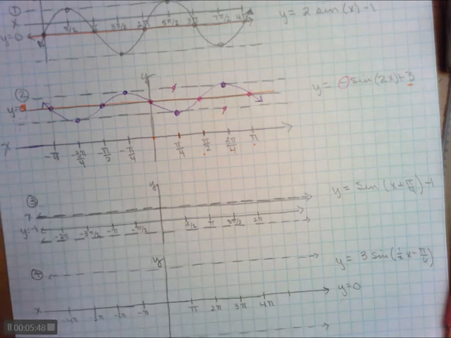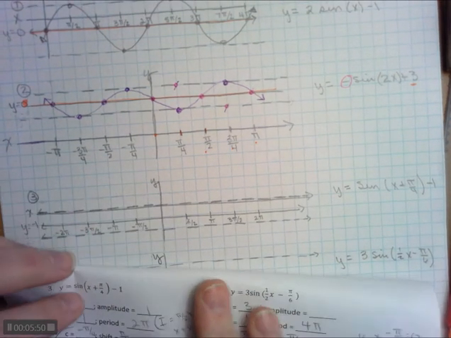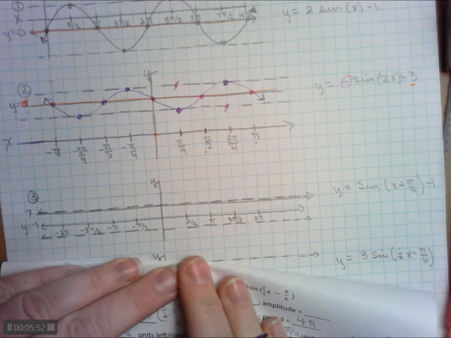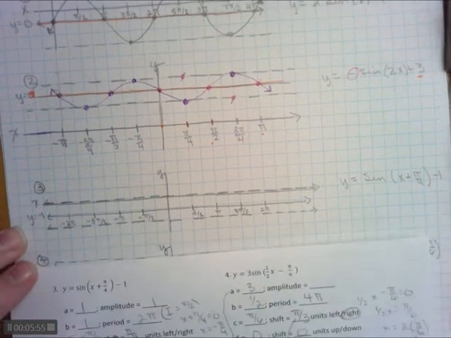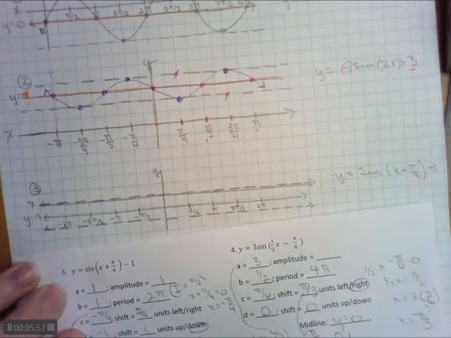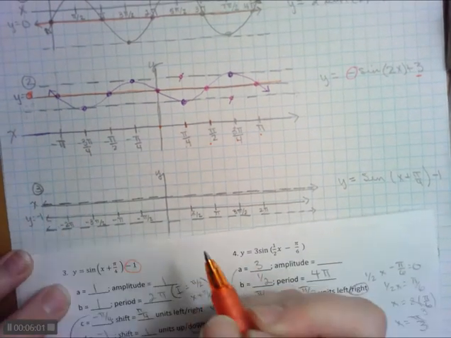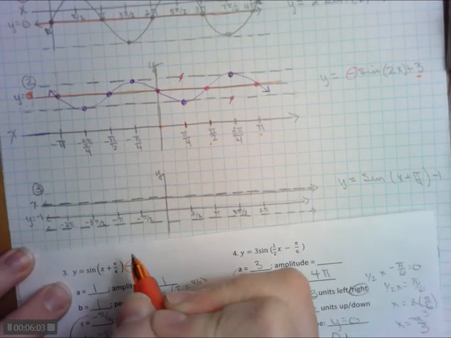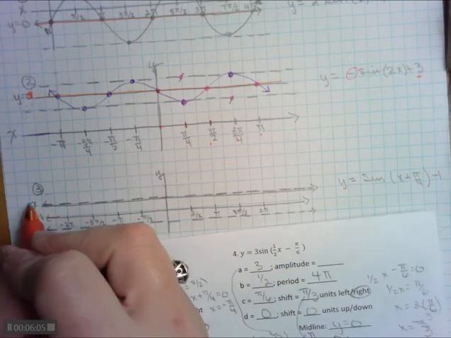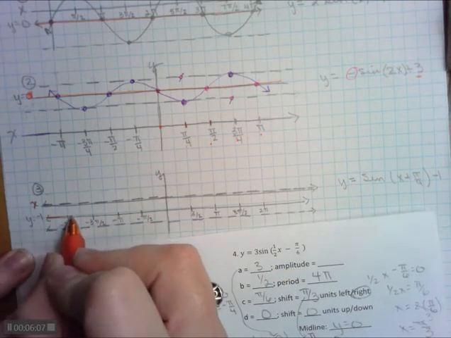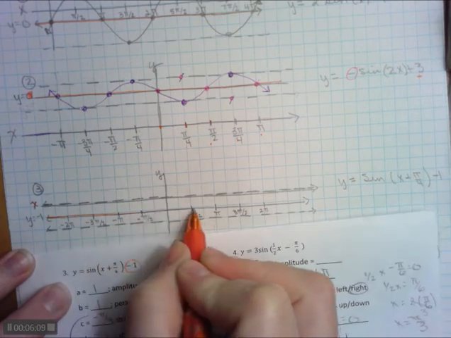I'm folding my paper so that you can see each piece of information. Okay, so again, I'm going to start with a midline, and it's at -1. Oh, this is my x, so this is -1.